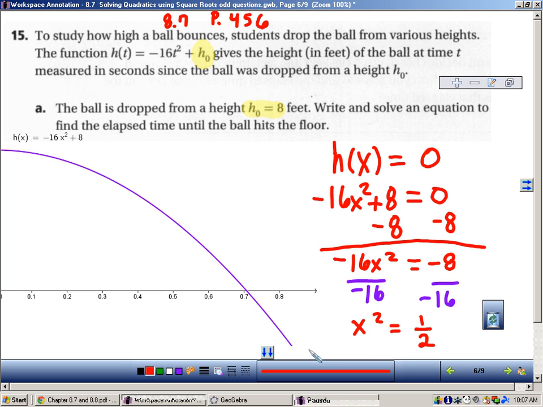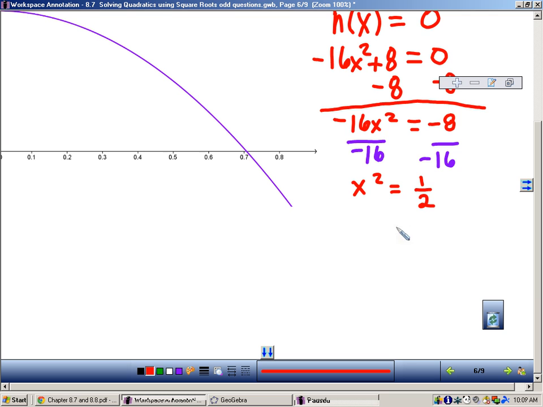Okay, now, let's give ourselves some room here. Let's take the square root of either side. And so now we have x equals plus or minus the square root of 1/2.